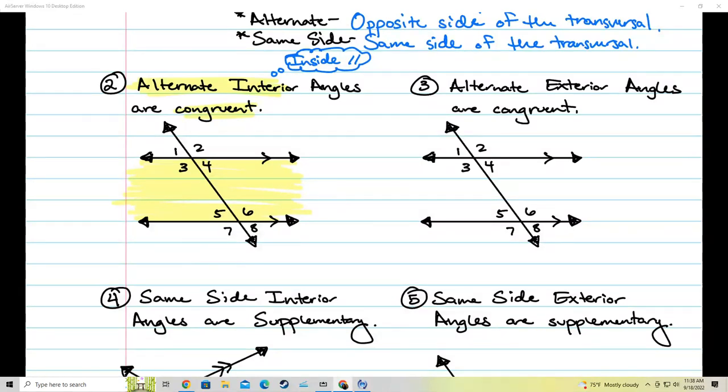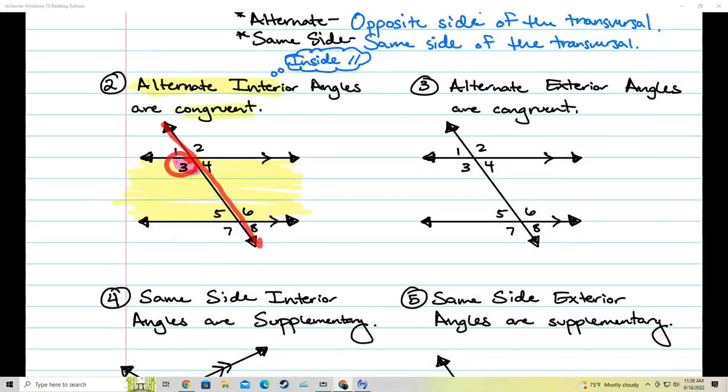Let's focus in on angle 3. I want to find its alternate interior partner, which means I'm only focusing on the inside angles because it says interior, and I want to alternate. If I go back to my vocabulary words, we said alternate means to be on the opposite side of the transversal. Here's my red transversal. Here's the angle.